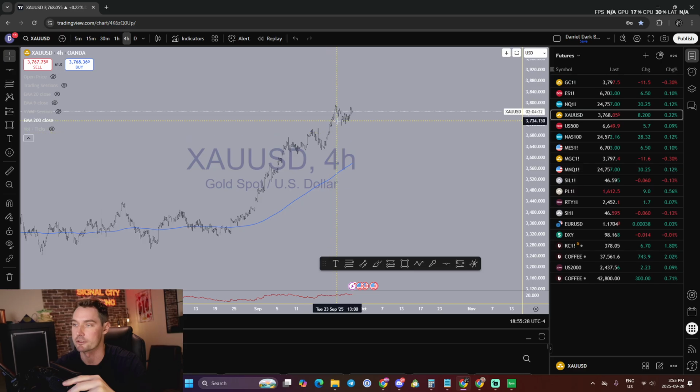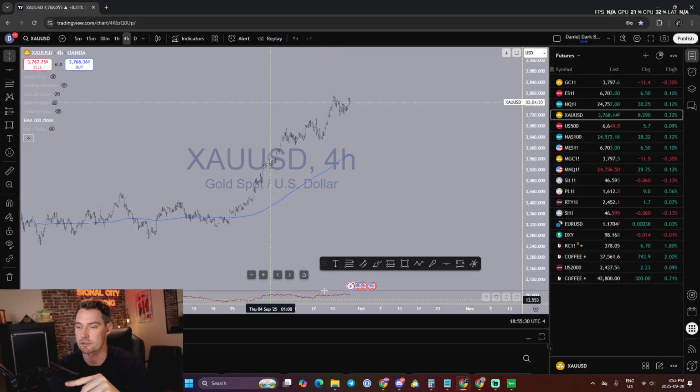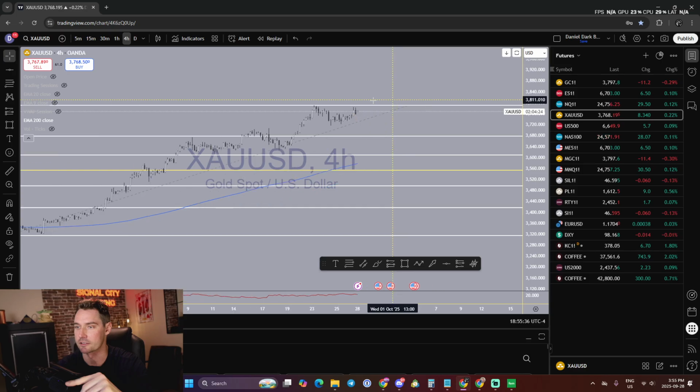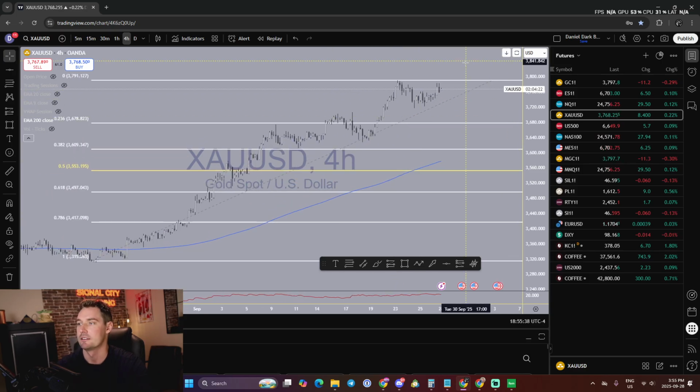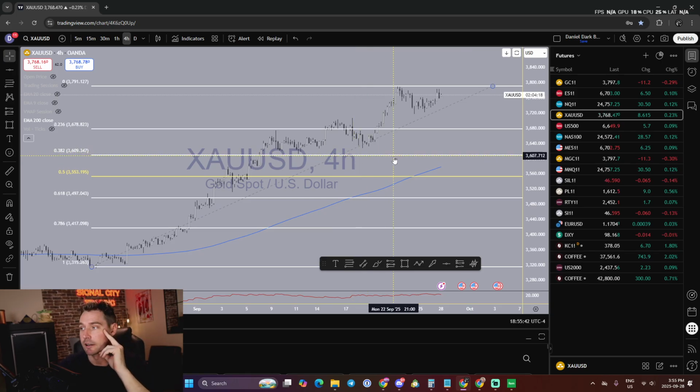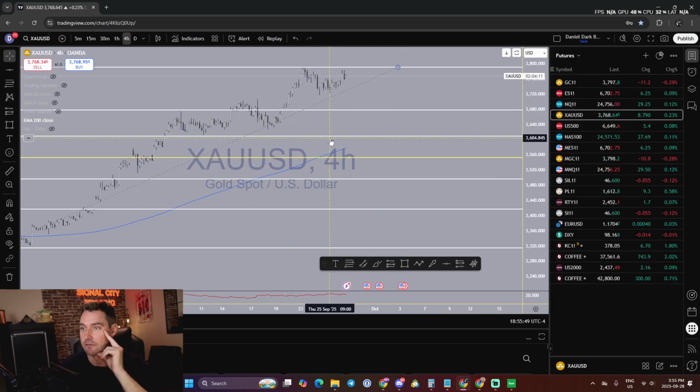But for a short-term time window to look for trade setups, we can take a look at this previous run here. Sorry, I'll zoom in a bit. This is a bit crazy. And just thinking about a level here, I think the best play I would like to see is it come back down to 3,600 at the very least, right?